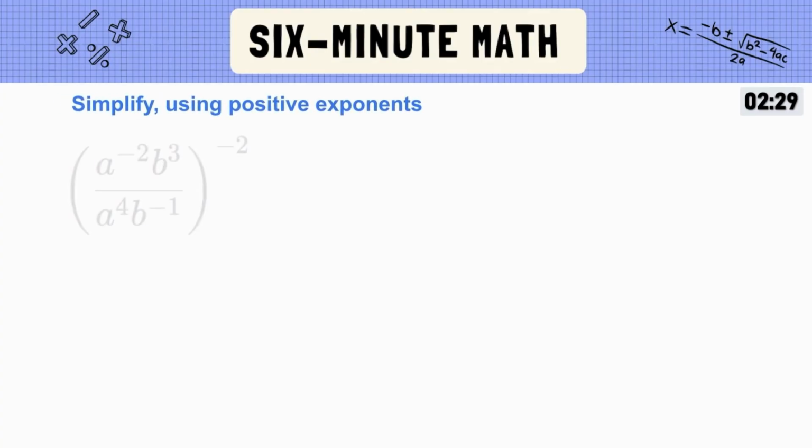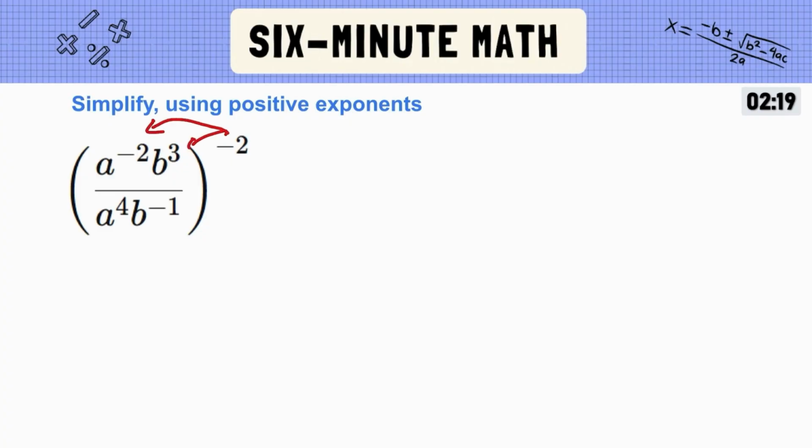Let's simplify the following. In this case, again, I'm using power of a power first, and I'm going to multiply this negative 2 into my brackets.